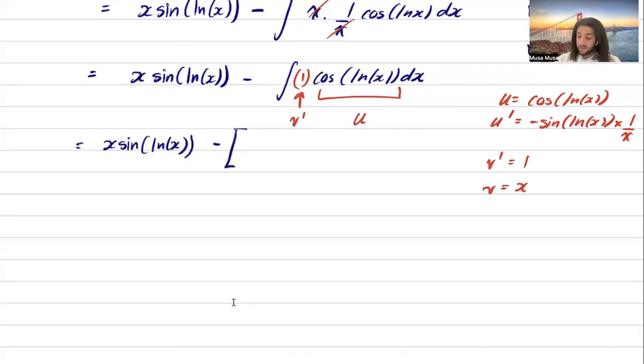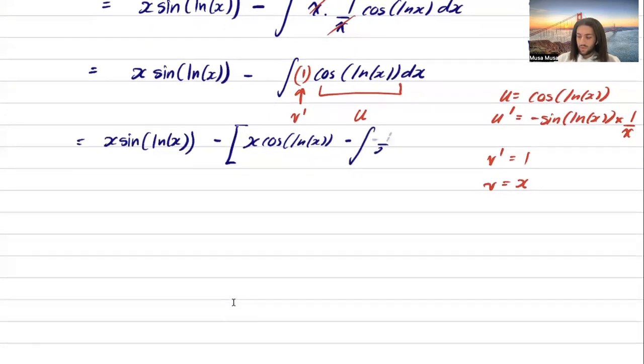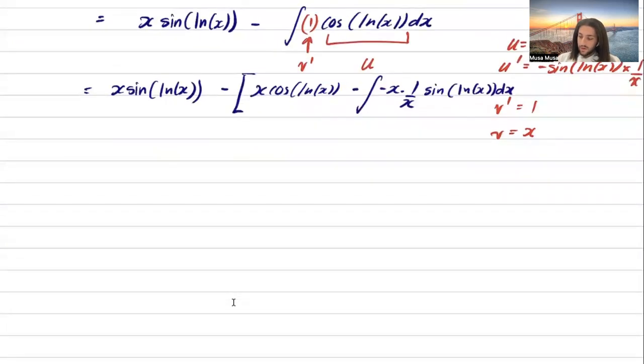uv, so it's going to be x cos ln of x minus the integral of v u dash. So v u dash is minus 1 on x, minus x times 1 on x sine of ln of x dx. Okay, this has bled into my work.